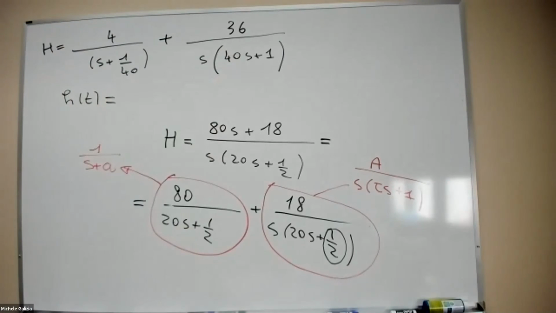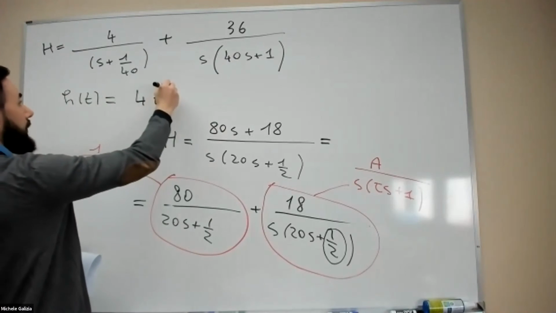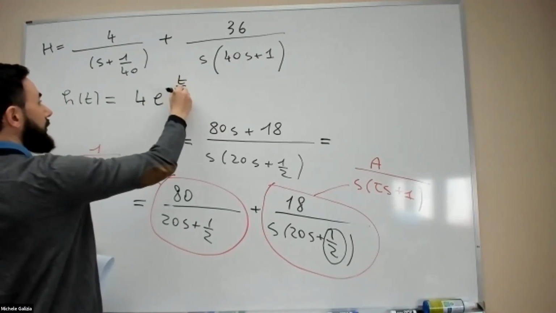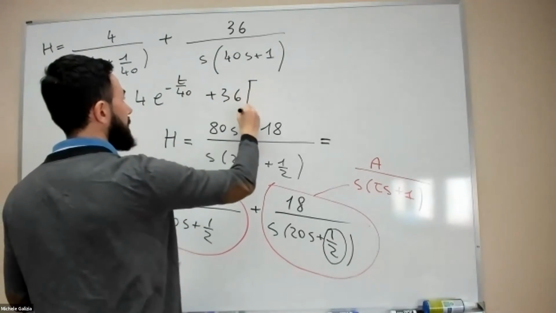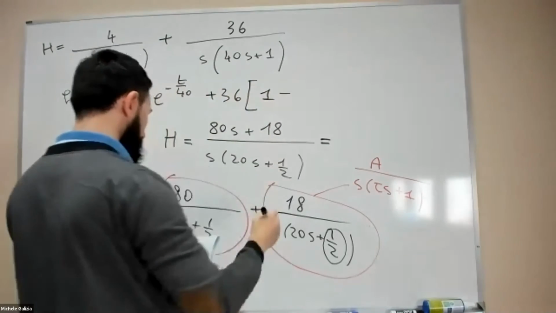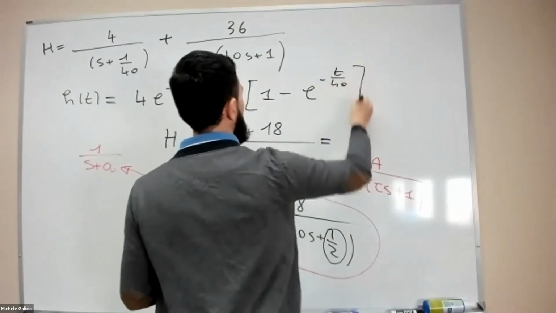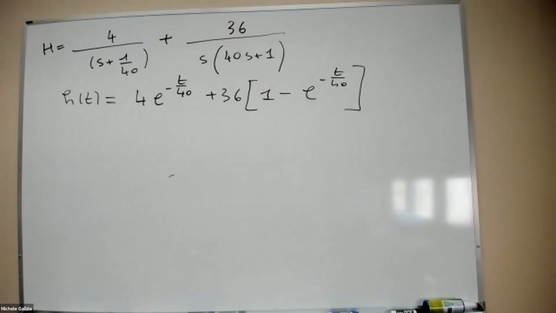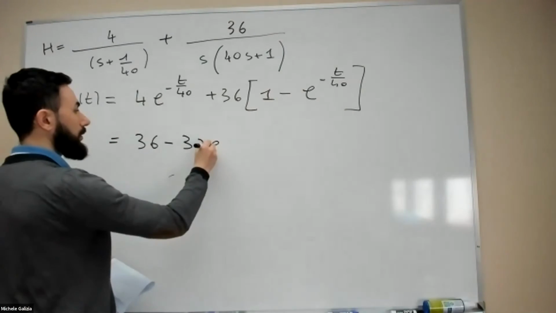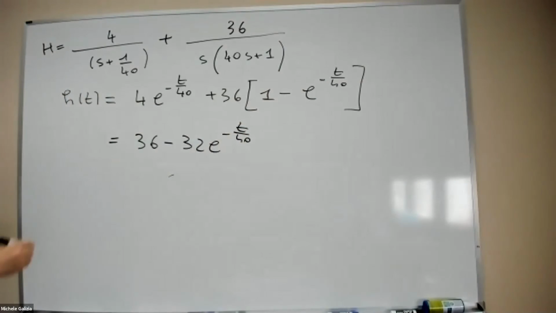So we get 4 exponential of minus t over 40 plus 36 times 1 minus exponential of minus t over 40. Make sense? Yes. Which means, if I simplify, something like this.